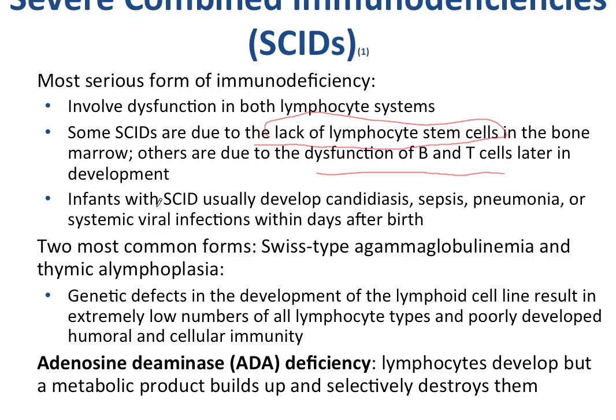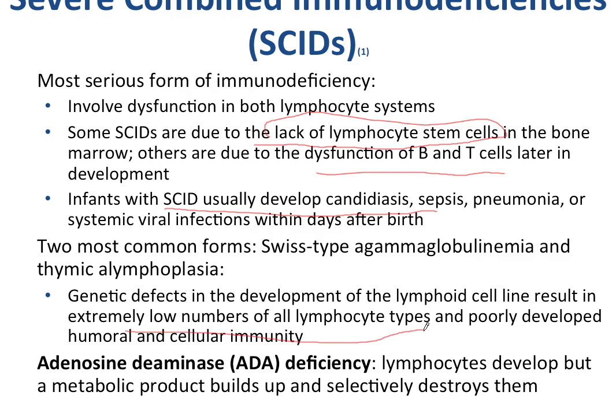The patient may have candidiasis, fungal infections, sepsis, pneumonia, or viral infections. All these infections are very severe, so the patient may die. If we look at the patient's blood smear, we can see the patient has a very low number of lymphocytes, both B and T cells.